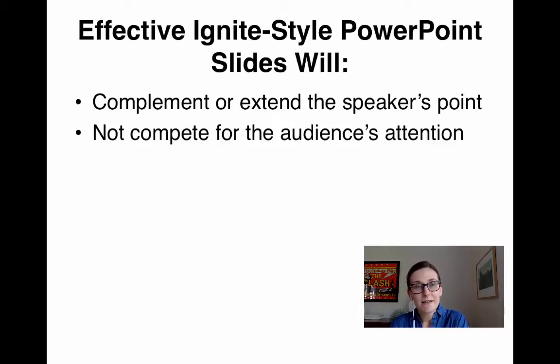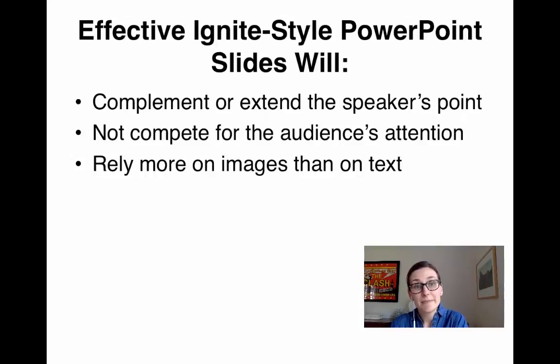So when a slide is visible to the audience for such a brief amount of time as it is with the Ignite style speech, you want to make sure that the audience isn't distracted by trying to read a lot of text on the slide or by some kind of flashing image that's distracting from what it is you're saying as a speaker. In keeping with this idea, they're going to rely more on images than on text.